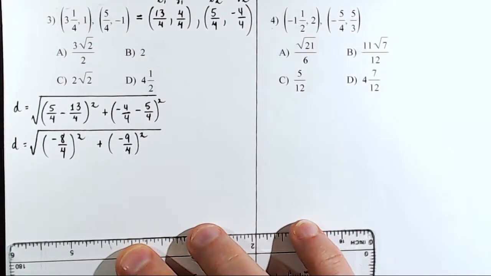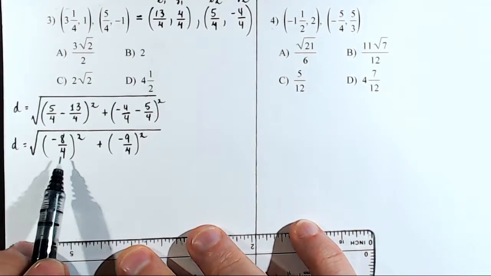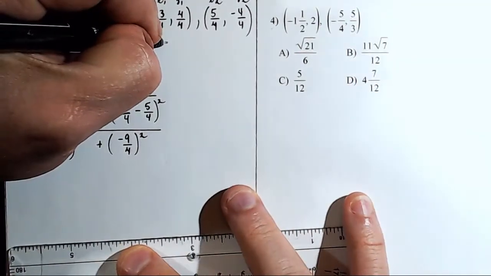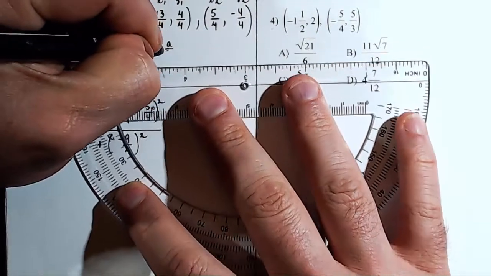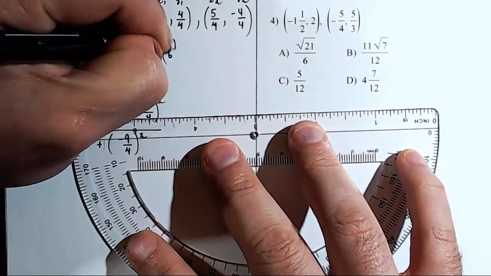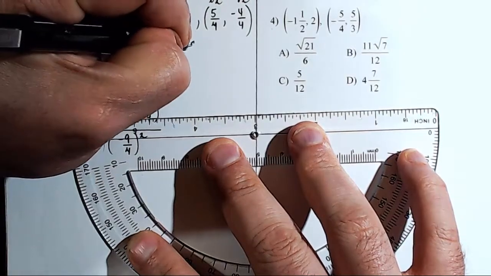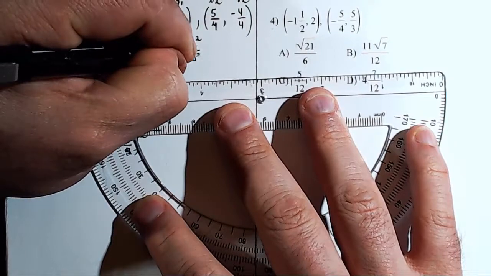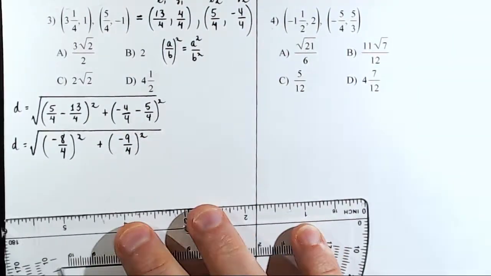Now, because we have common denominators already, we can apply the rule, remember the rule, that A over B, squared, is equal to A squared over B squared. That's what we're going to do here to both of these fractions.